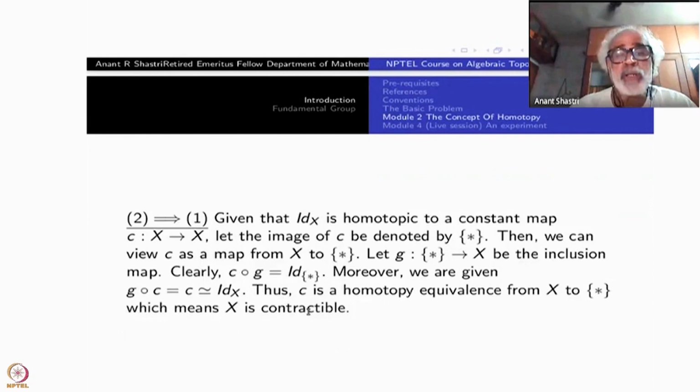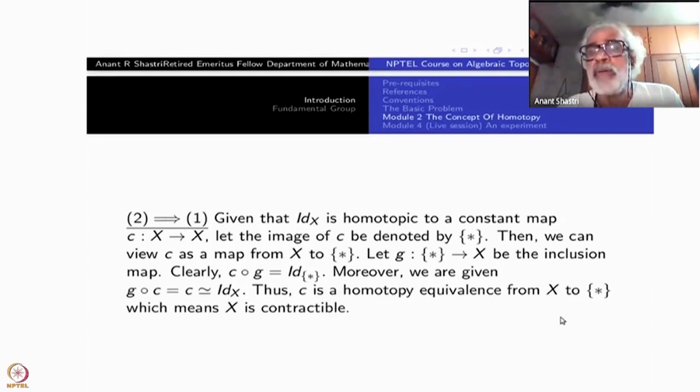Thus, we have what? C is a homotopy equivalence from X to a single point. Okay, so which means X is contractible. So we have got a map C from X to a single point. That itself is a homotopy equivalence is what we have proved. Okay, so X is contractible.